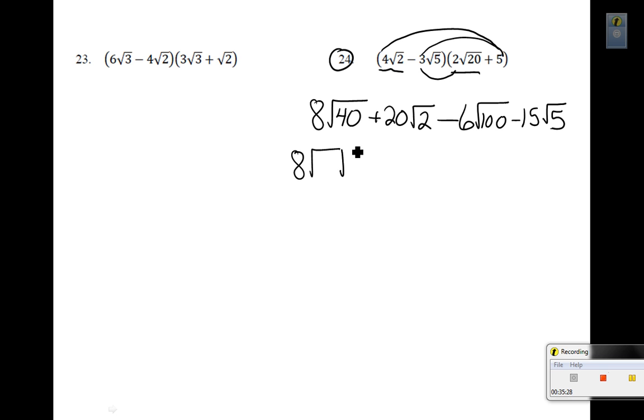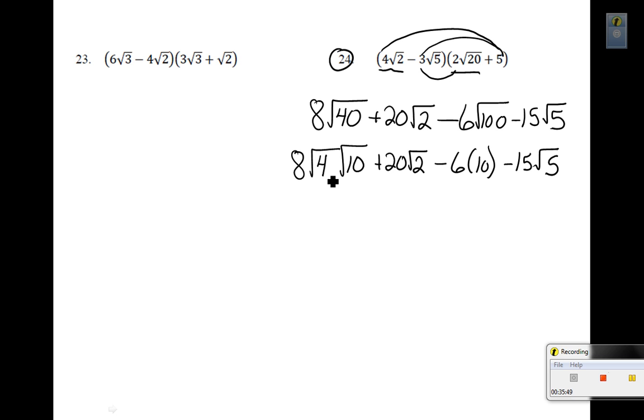Something that you know the square root of that goes into 40. Looks like a 4 and a 10. Plus 20 radical 2. Minus 6. The square root of 100 is 10. 15 radical 5 does not reduce.